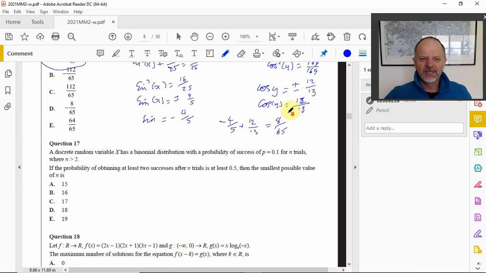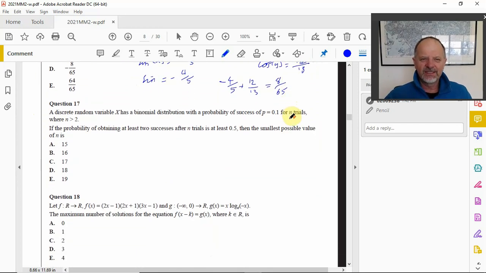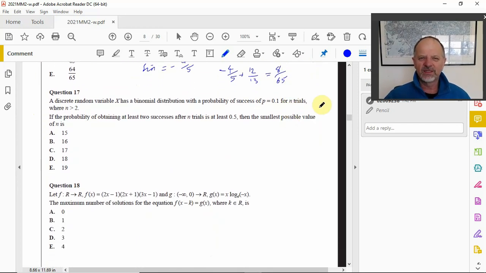Question 17. Question 17 says a discrete random variable has binomial distribution. All right, so it's binomial. Probability of success is 0.1 for n trials where there's more than 2 trials.